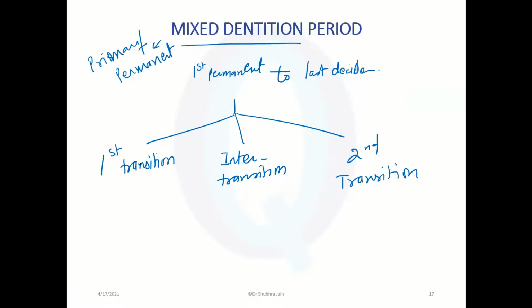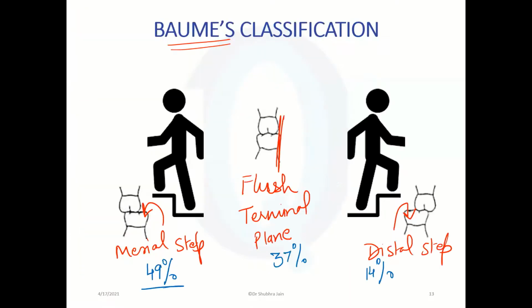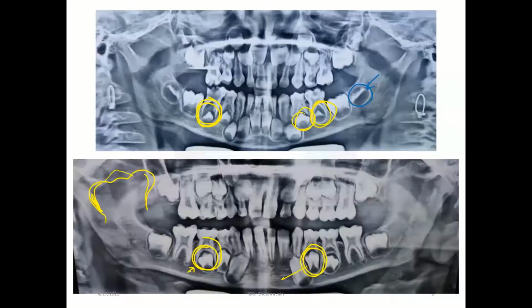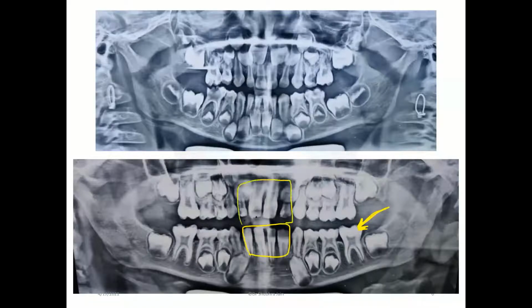So what happens in first transition? This patient has just completed the first transition. What happens is permanent molars come into the oral cavity, and the 4 incisors are replaced.